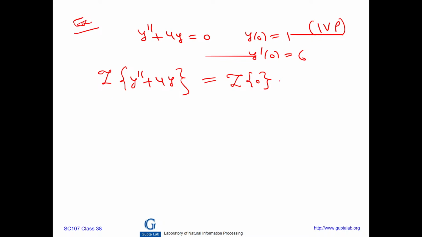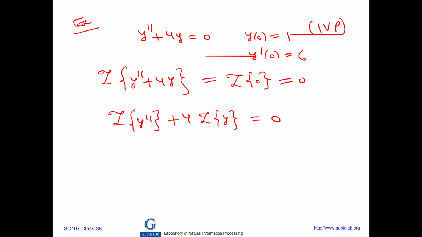It is linear, so it will be the Laplace transformation of y double prime plus 4 times the Laplace transformation of y is equal to 0. Straightforward calculation, because Laplace satisfies the linearity condition.